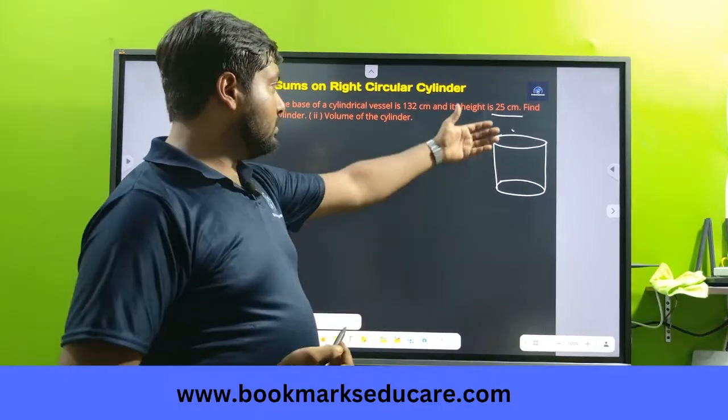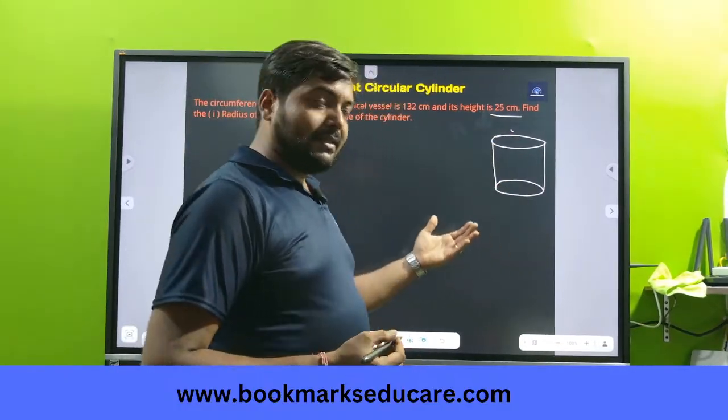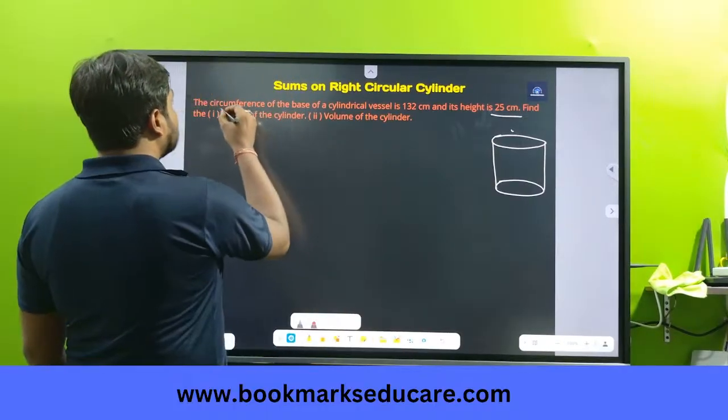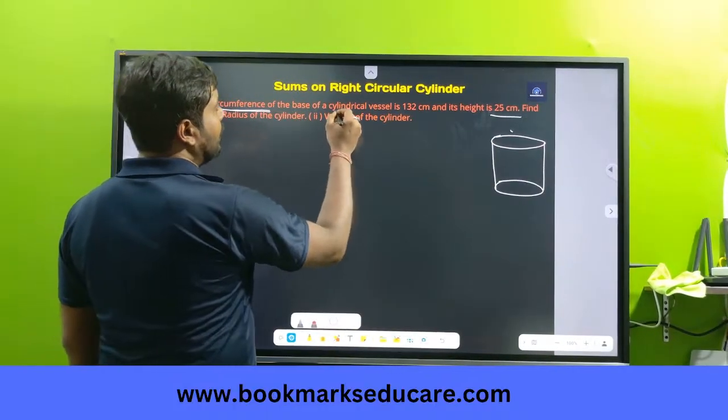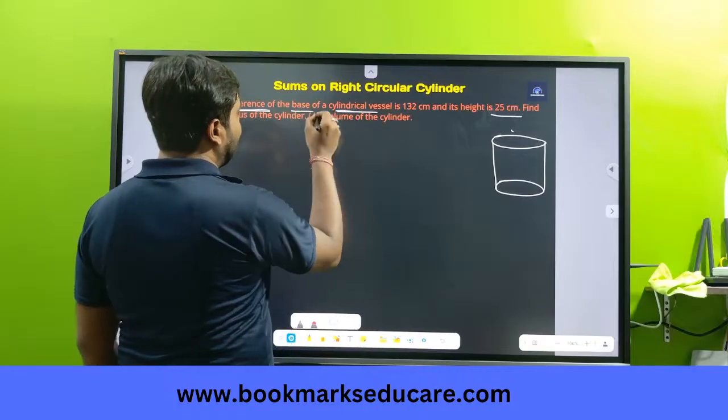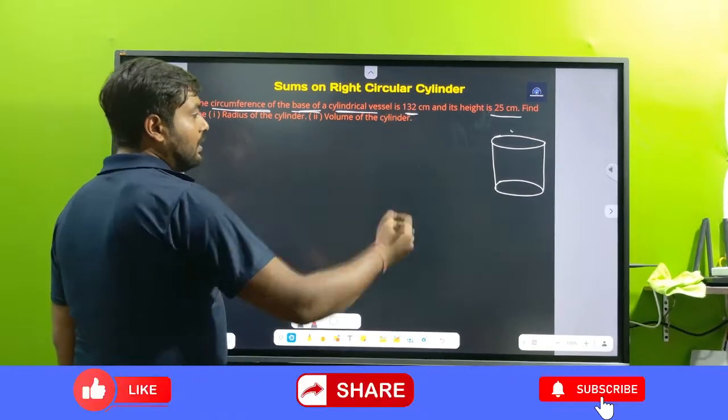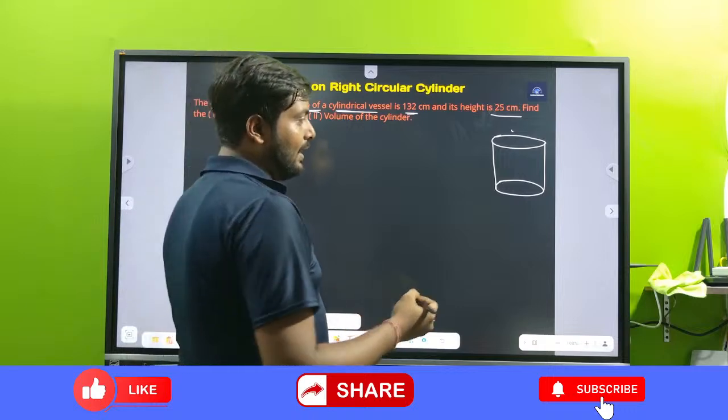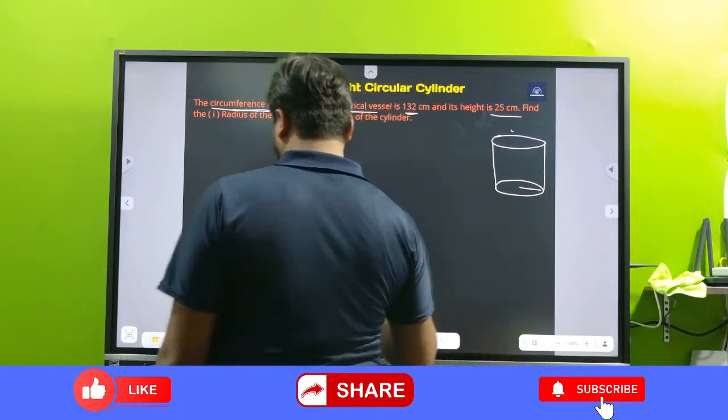It is given the circumference of the base of the cylindrical vessel, so first we have to find the radius of the base.